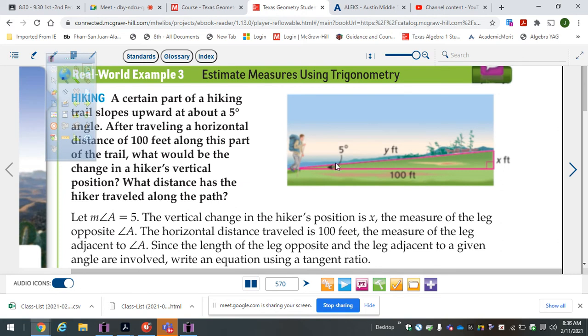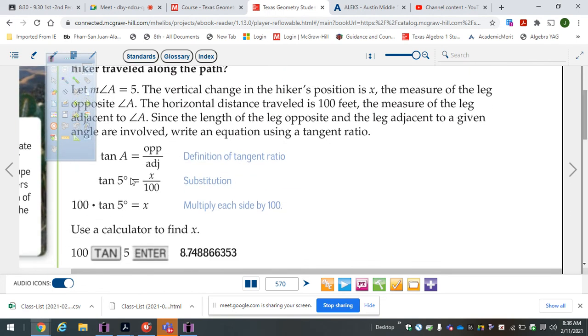So tangent of 5 degrees is equal to opposite over adjacent, or tangent of 5 is equal to x over 100. Multiply here by 100 to get rid of this denominator, and the 100 winds up on the other side. And then that would be what you type in the calculator, and that's what your x is equal to. So use the tangent SOHCAHTOA ideas to find the unknown.